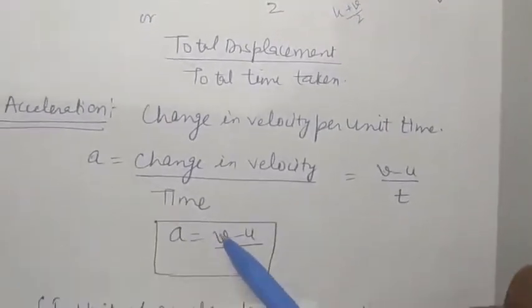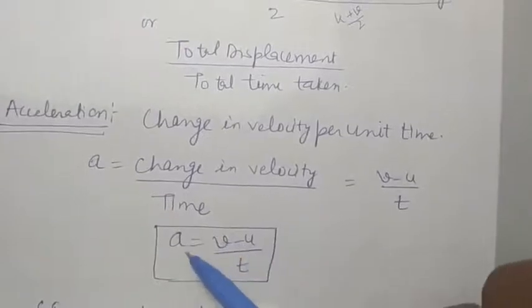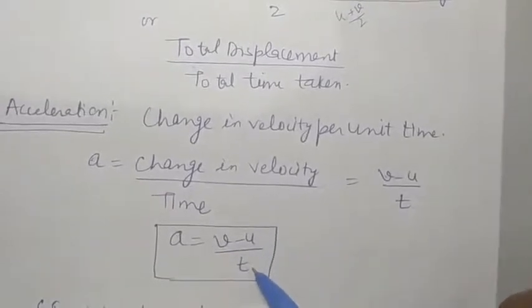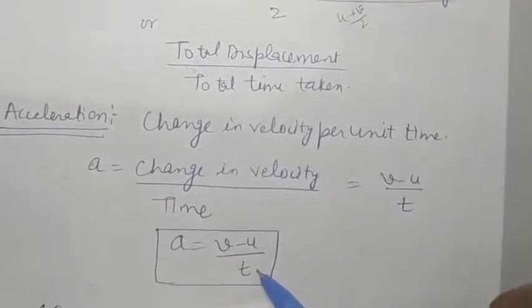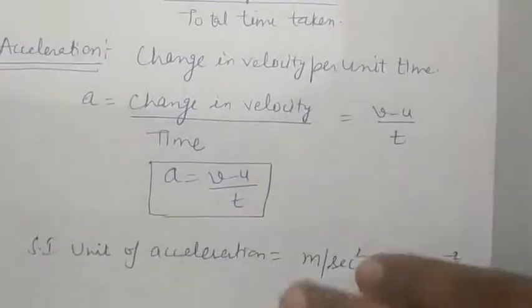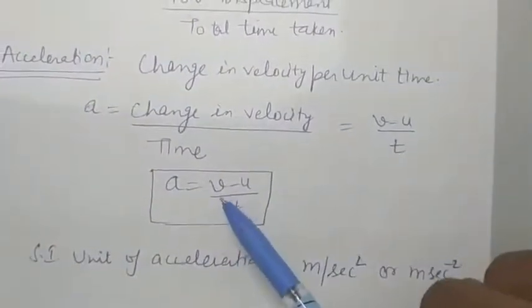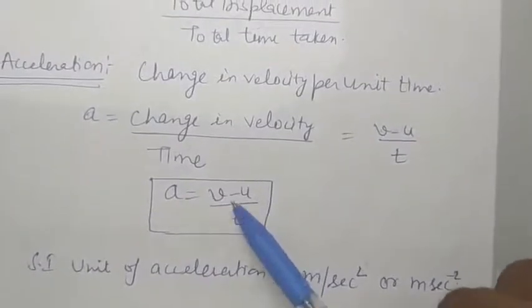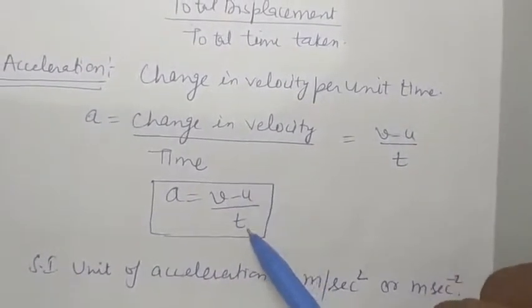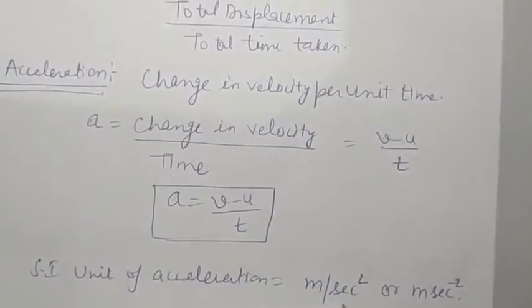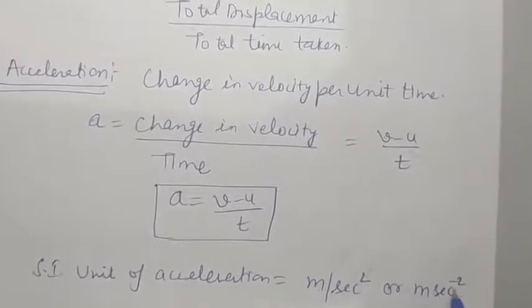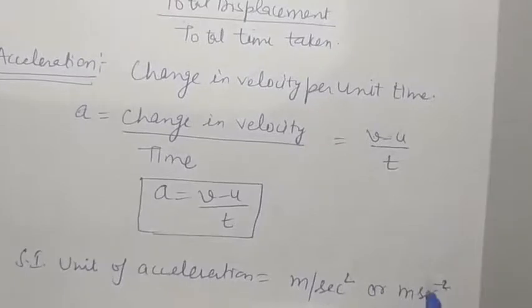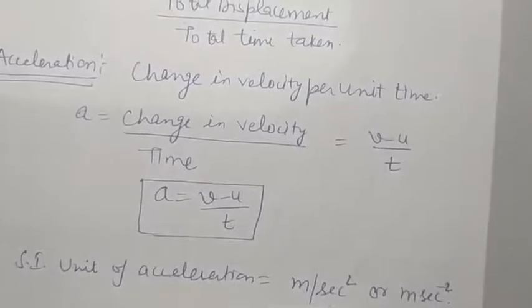Then acceleration a is equal to v minus u by t. This is the formula for acceleration. After that, the SI unit of acceleration. We know that velocity is meter per second and time is in second. Meter per second divided by second becomes meter per second square or meter second power minus 2. That is the SI unit of acceleration.